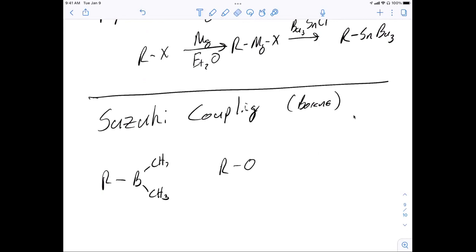There are several different types of borane. So we can have one that is dialkyl. We can have one as diether-like. Or we can have one that is just the boric acid style.